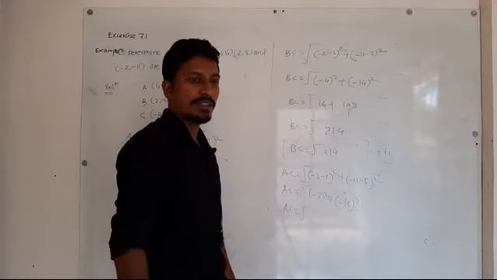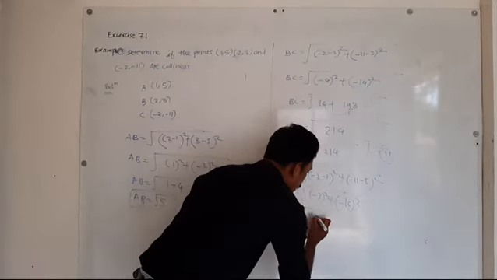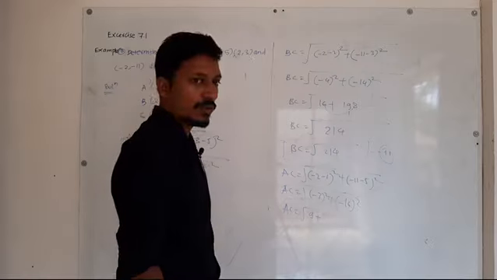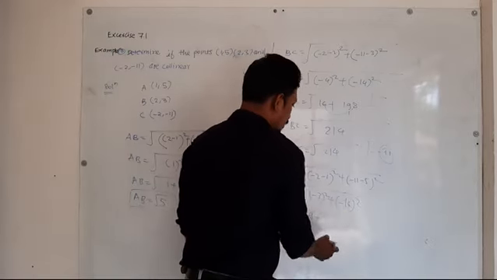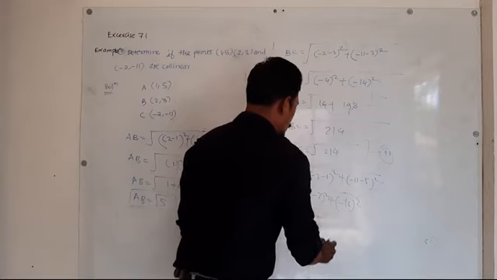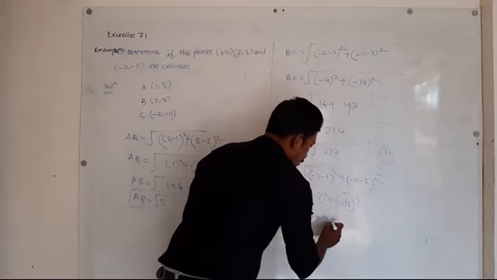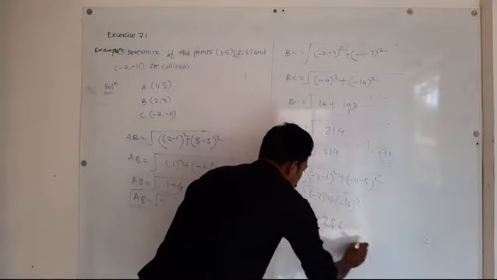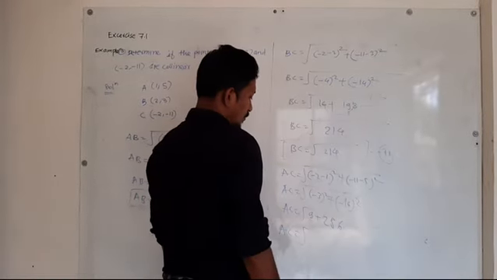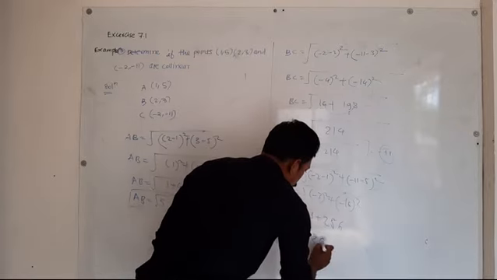Square of AC, anytime is positive, that is 9 plus square of 16 is equal to what? How many? That is square of 16 is equal to 256. That is AC is equal to how many? That is 265, right?